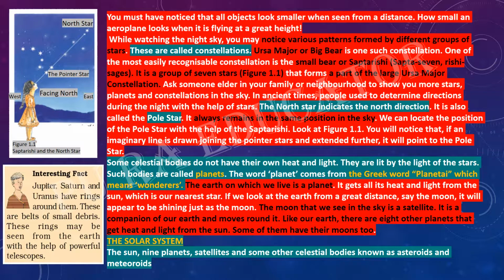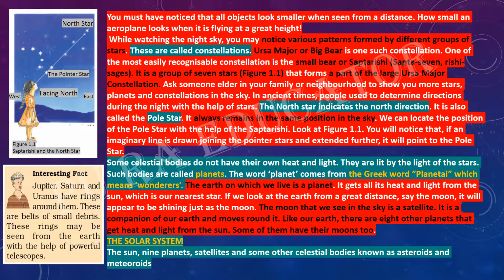Friends, it gets all its heat and light from the sun, and the sun is the nearest star. Though we do not feel such type of heat which comes from the sun, because though it is the nearest star, it is away from us.